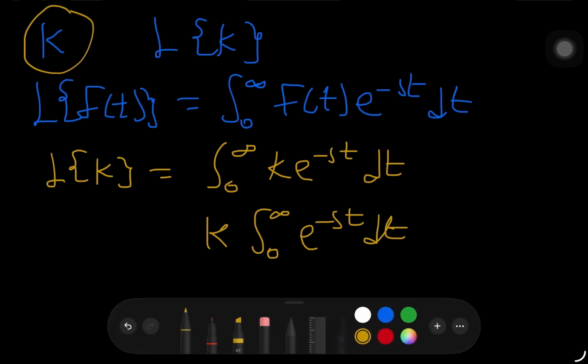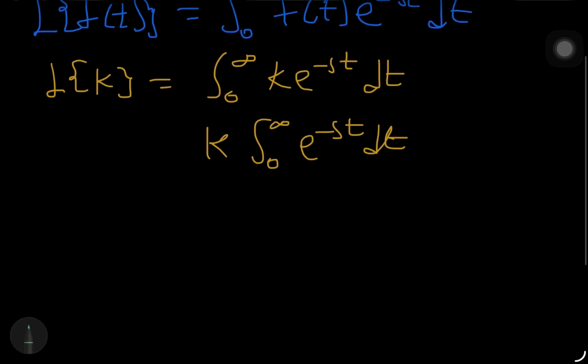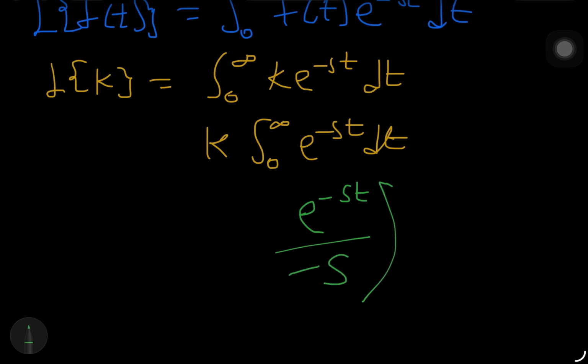Straight from here, we integrate e to the power negative st, and that produces e to the power negative st over negative s, from 0 to infinity, multiplying k.